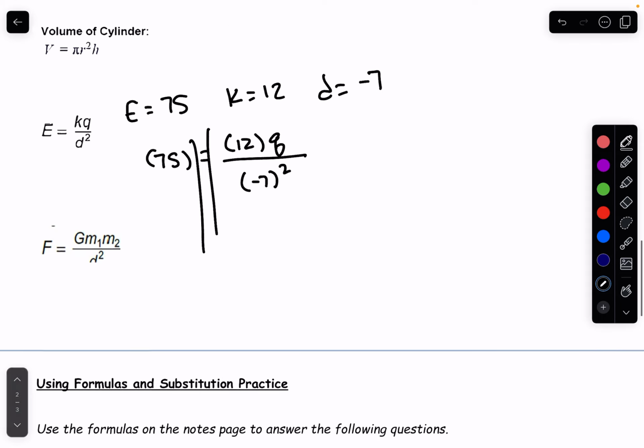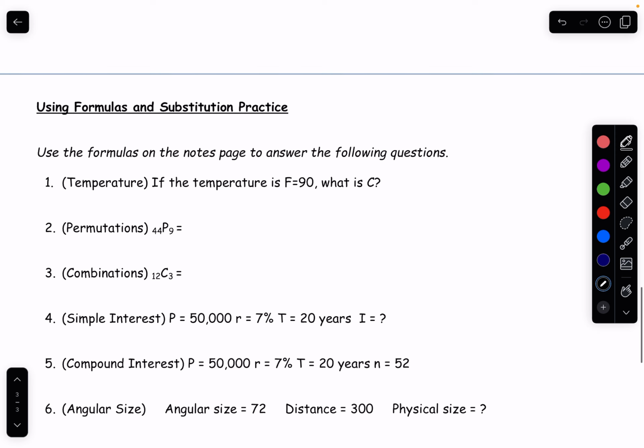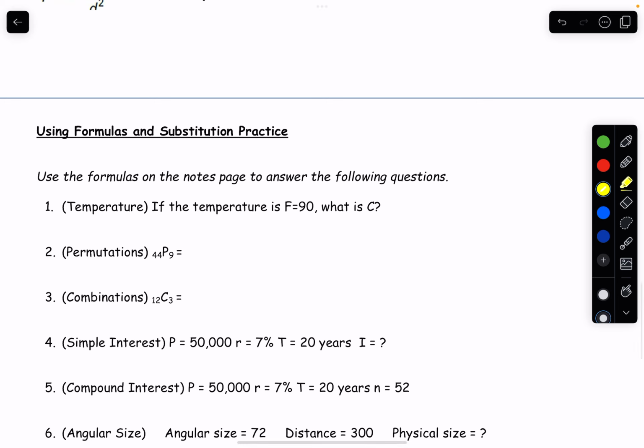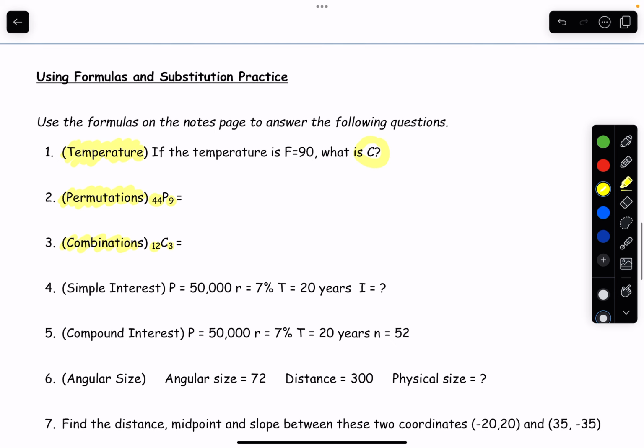All right, your homework is at the bottom, or I guess maybe the back side of your notes page. You've got a bunch of variables that I gave you values for, and then I told you which formula to use. So in the homework, it says temperature. It wants you to use the temperature formula to figure out what is C. Permutations: I gave you a permutation and a combination problem, and I gave you the values of n and r in the formula.